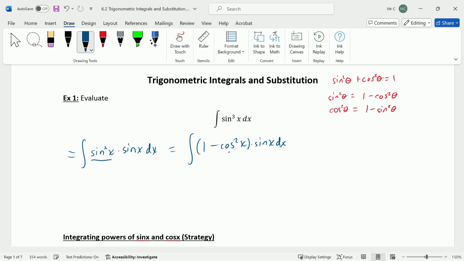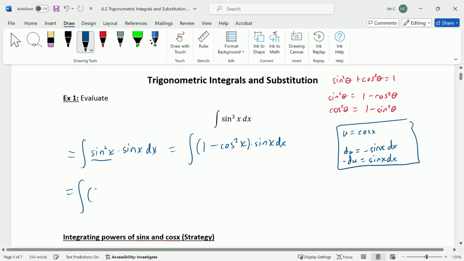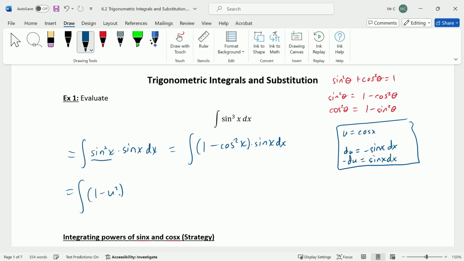And now we see, oh, I can let cosine of x be my u. And if u is cosine of x, then my du for my substitution is negative sine of x dx. In other words, negative du equals sine of x dx. So this becomes 1 minus u squared times negative du.